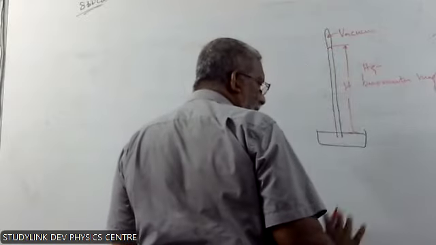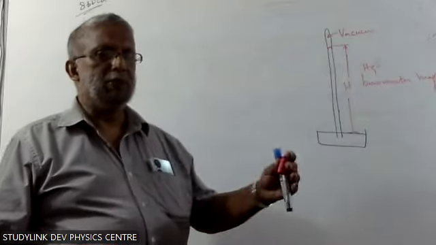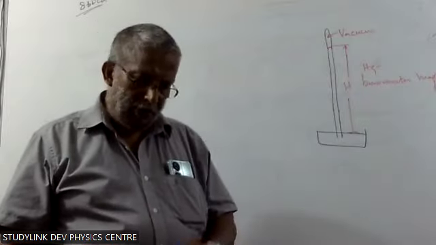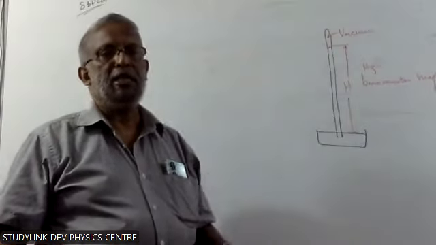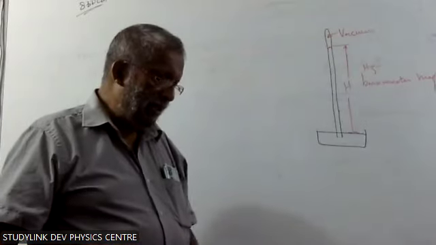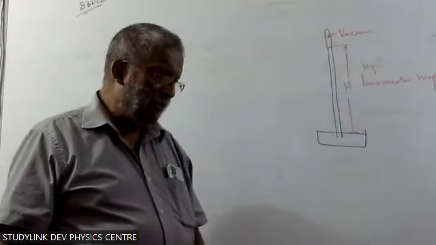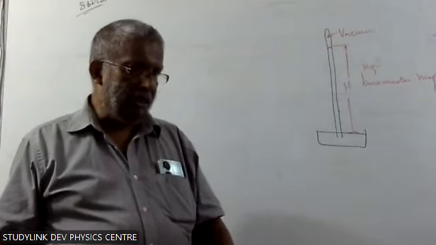Normally the atmospheric pressure changes from place to place. From sea level, when it goes up, pressure reduces. If you consider Sri Lanka, in the western province, sea level is really very close to the land level.